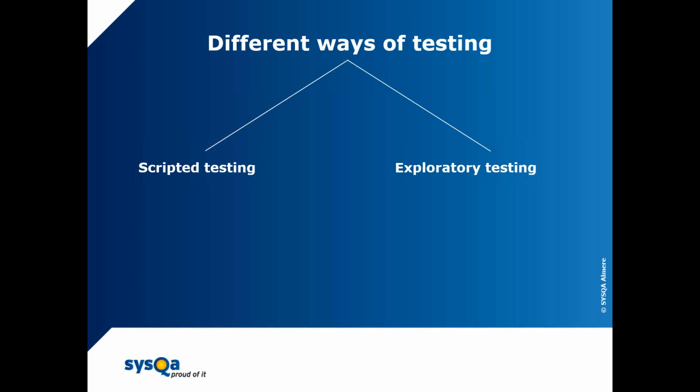While in exploratory testing, these different activities are run in parallel. So the learning, the test design, test execution, test result interpretation, the analysis of the results are run in parallel, and the tester has much more freedom compared to scripted testing.